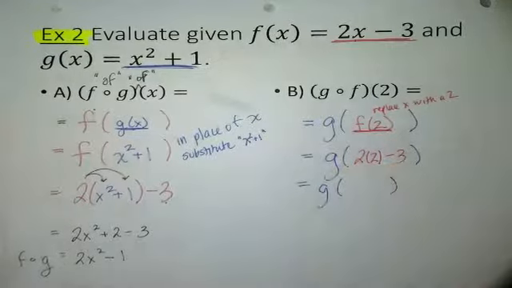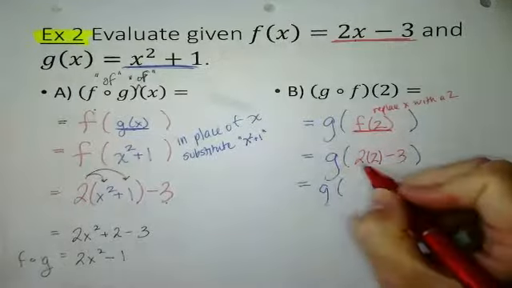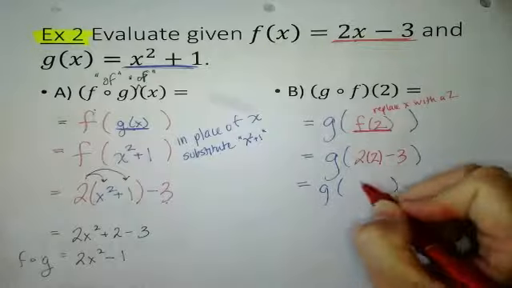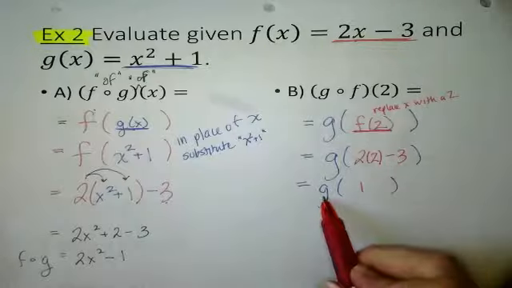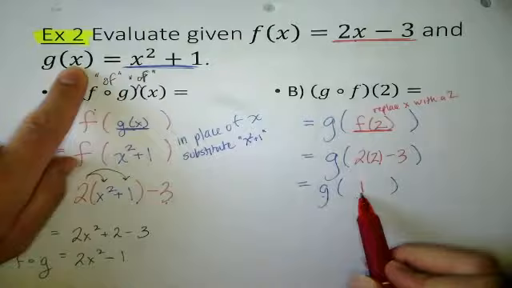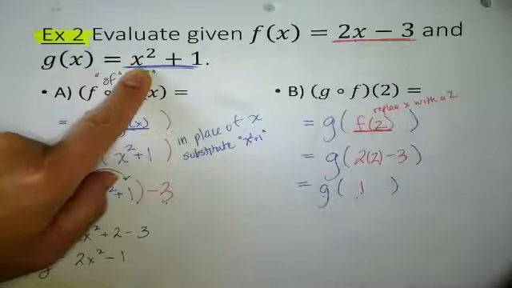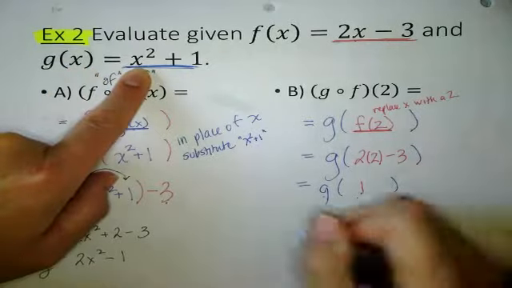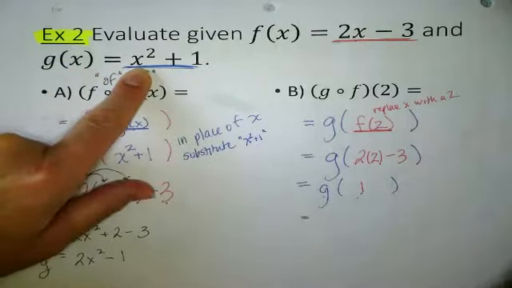g of 2 times 2 is 4, minus 3 is 1. And so now this is saying go to your g function. Boop. In place of the x, we're plugging in a 1. So there's my g function. And in place of the x, we're plugging in a 1.